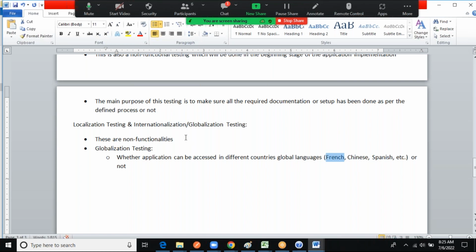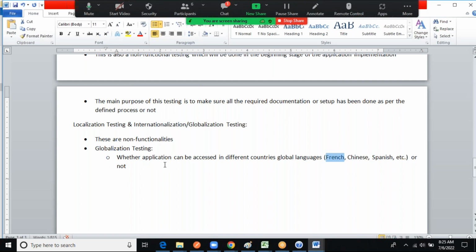From India's point of view, our language is Hindi. But if any other business is targeting India, they don't go for Hindi, because Indians are good at English.